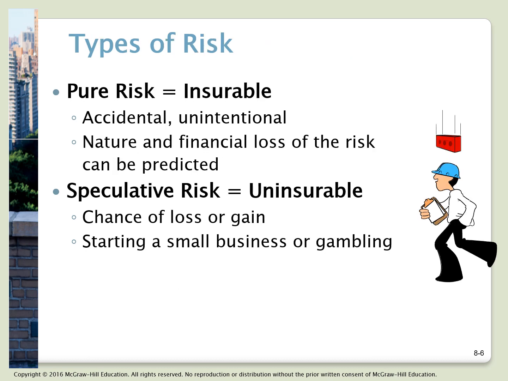Pure risk is the insurable risk: accidental, unintentional in nature, with a financial loss that can be predicted. The nature and the financial loss associated with the risk can be predicted. Speculative risk is uninsurable, a chance of loss or gain, such as starting a small business or gambling. In essence, these are things that you can't insure against.